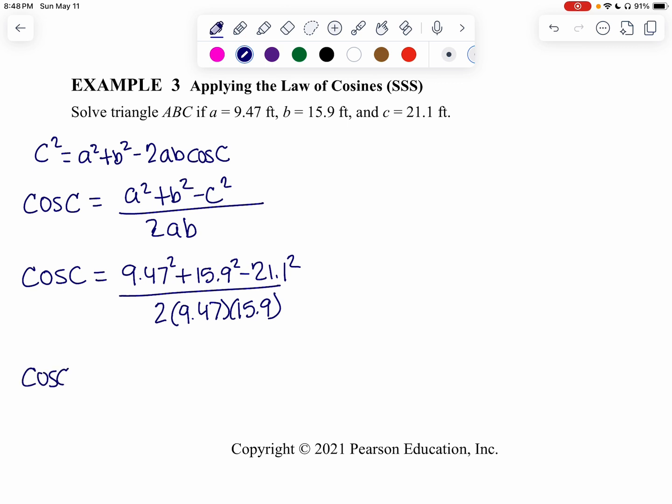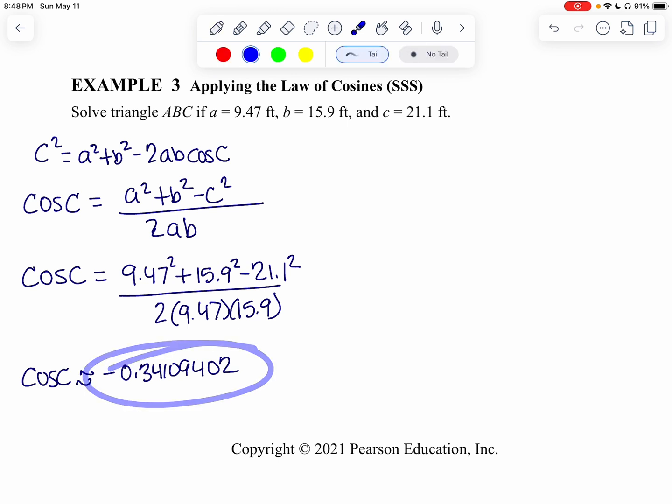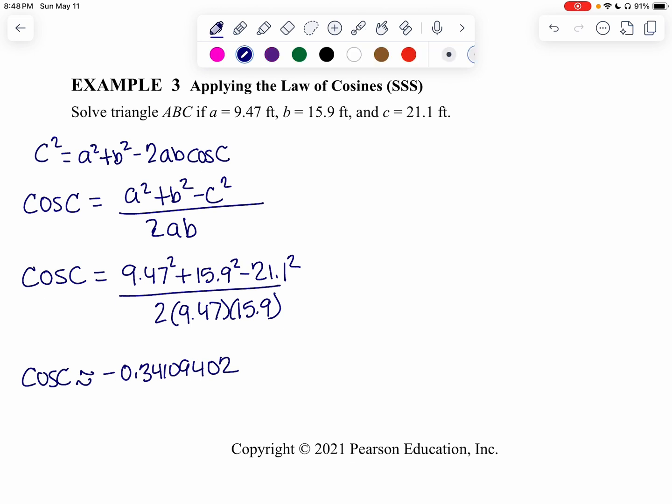So the cosine of C is approximately negative 0.3410942, which tells us it is going to be obtuse because a negative cosine only occurs in quadrants 2 and 3, where the x-coordinates are negative. When we do the inverse cosine of our result, we get 109.9 degrees.